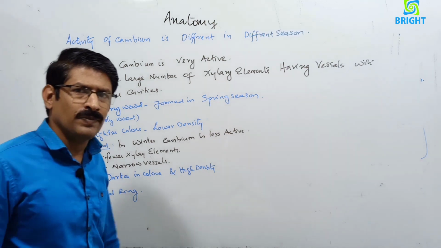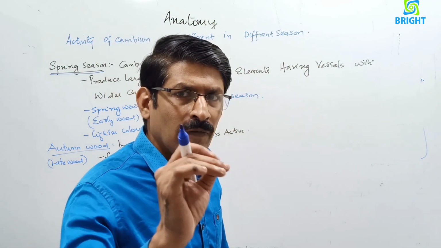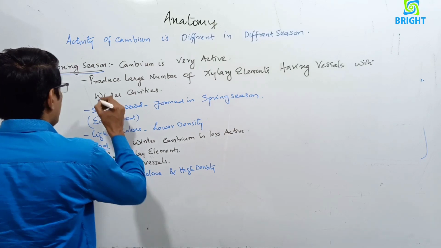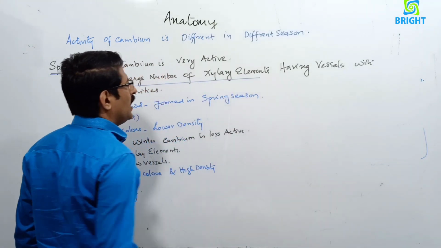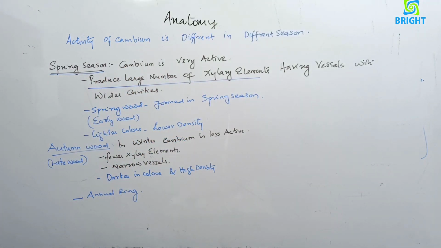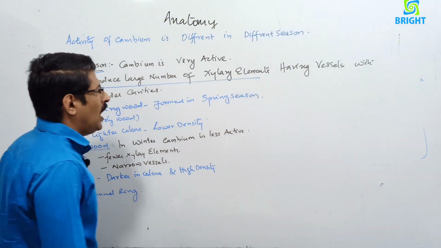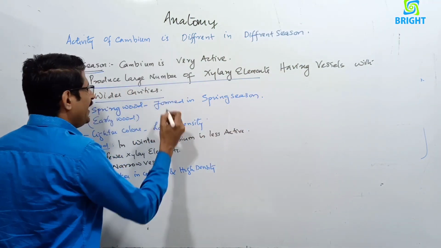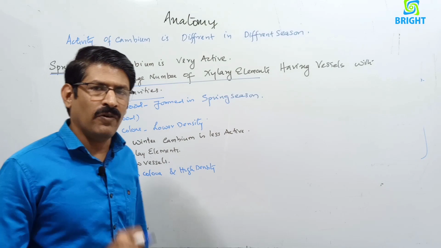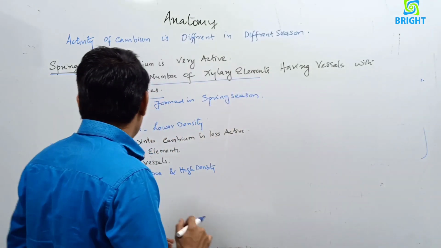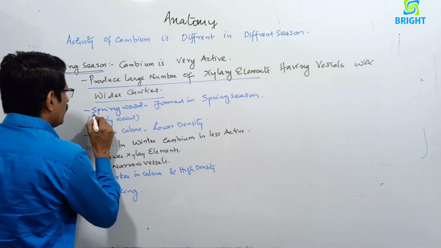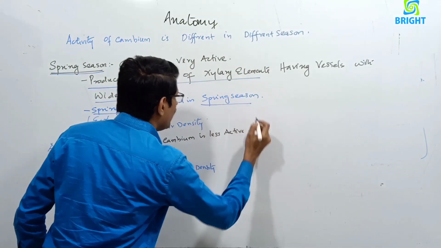In spring season, cambial activity is very high and it produces a large number of xylem elements having vessels with a wider cavity. This wood is called spring wood, that is formed during the spring season.